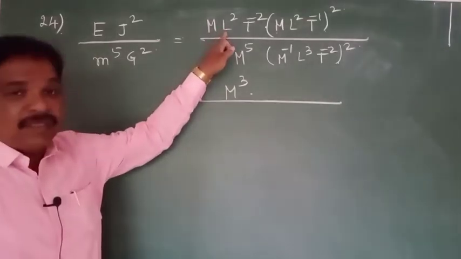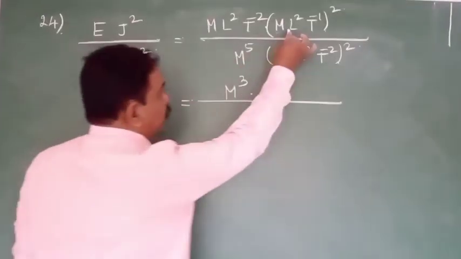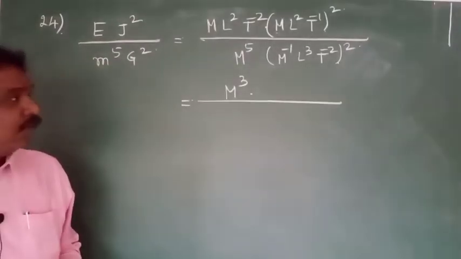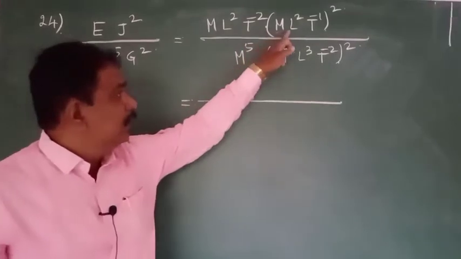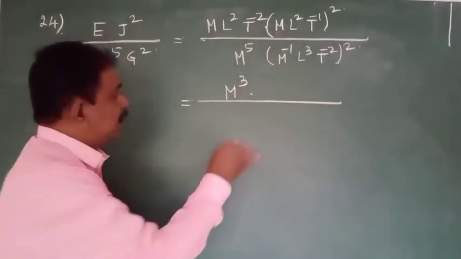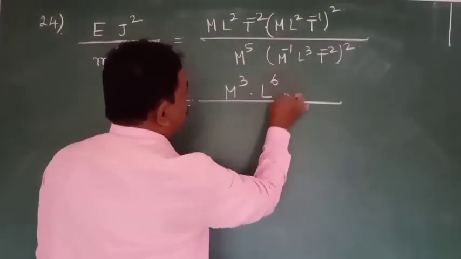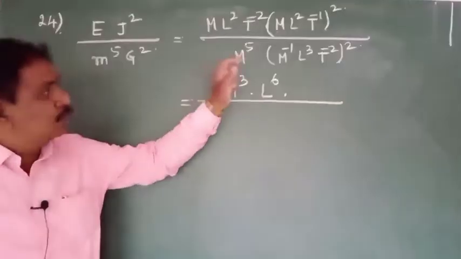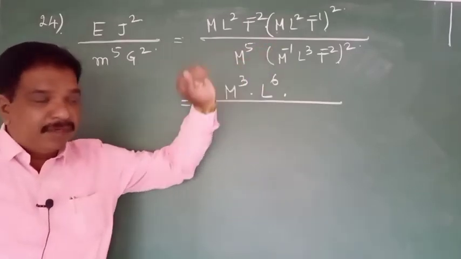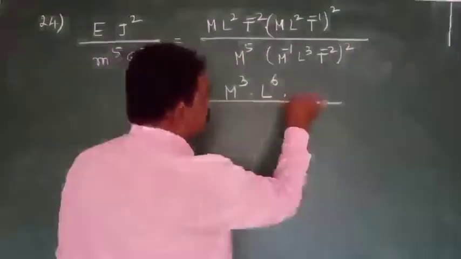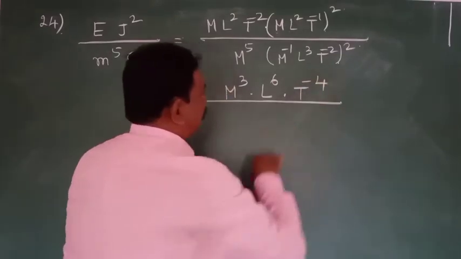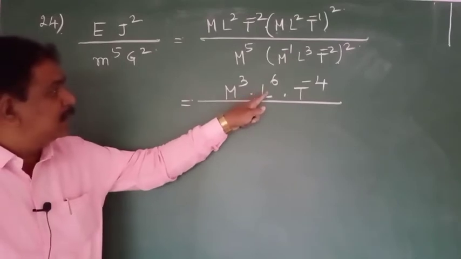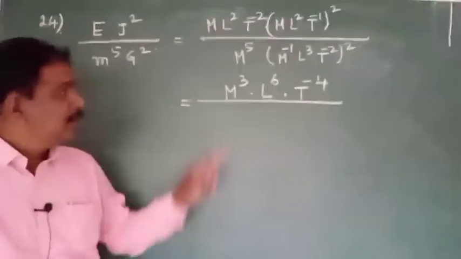Here L square whole square will be L power 4, and L square with L power 4 is L power 6. Here T power minus 2 finally becomes T power minus 4. So M cube L power 6 T power minus 4.